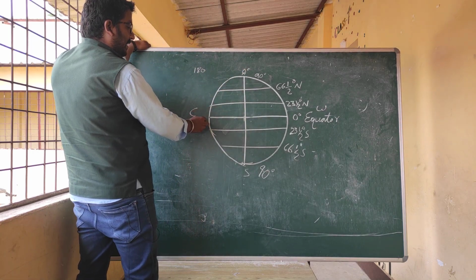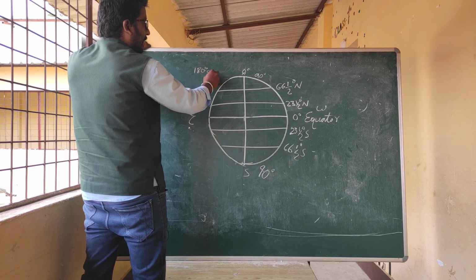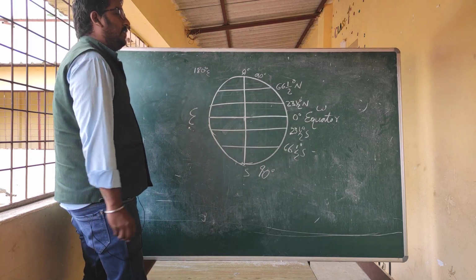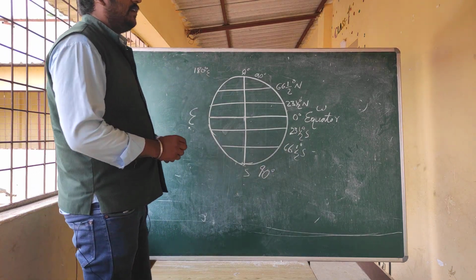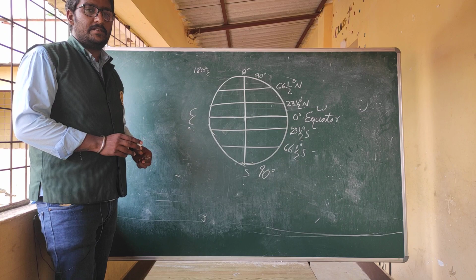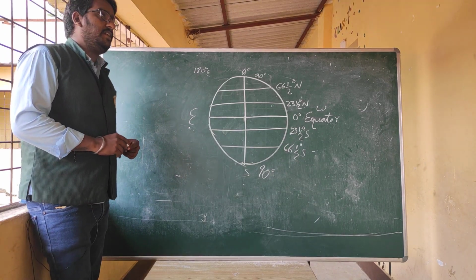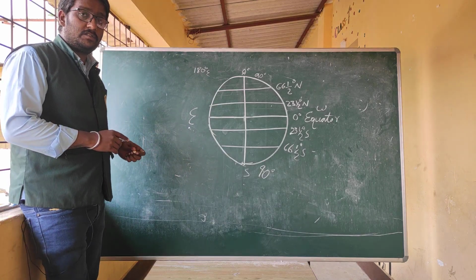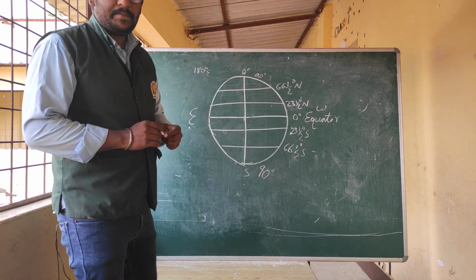It counts 180 degree east till this side and 180 degree west this side. So all total, if you will see, there are 360 longitudes and 180 latitudes.